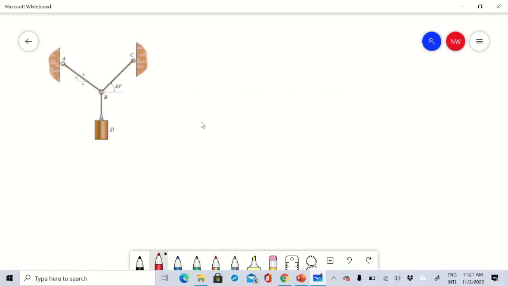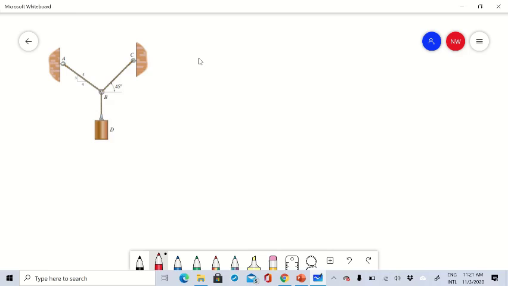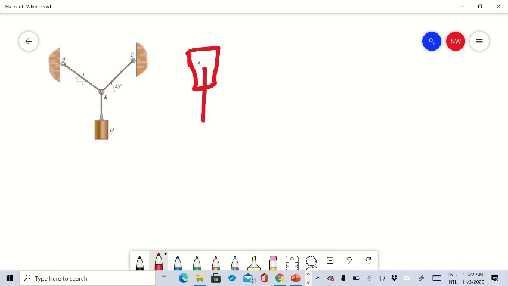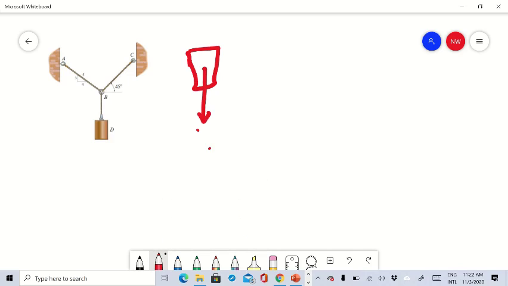Let's see how we can solve this type of problem. First, let's draw the free body diagram for this cylinder. We know the weight acts in this direction.